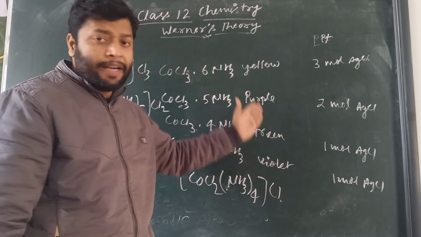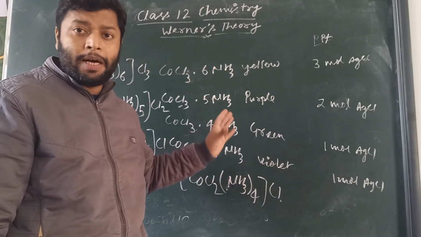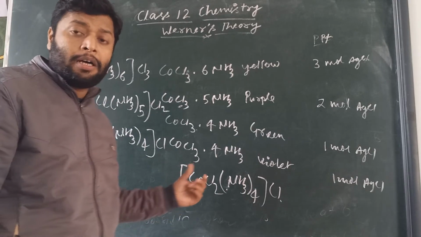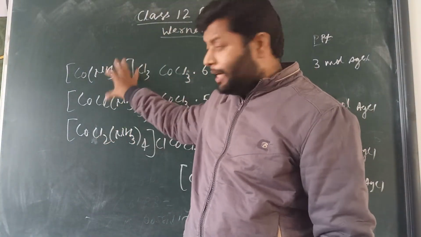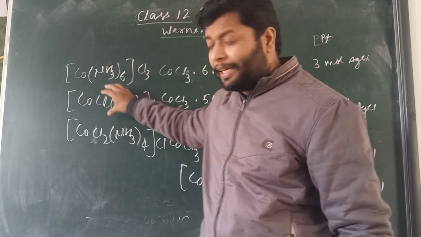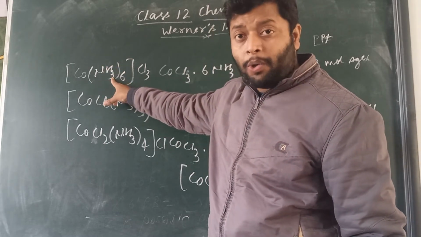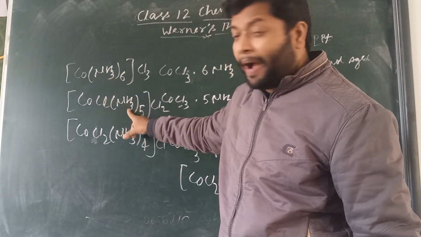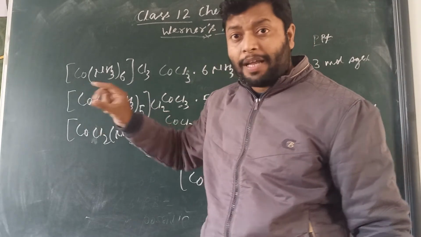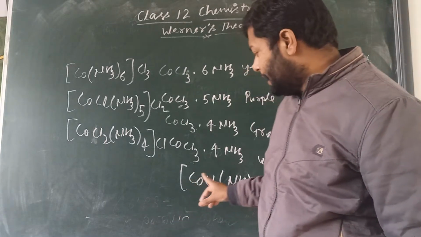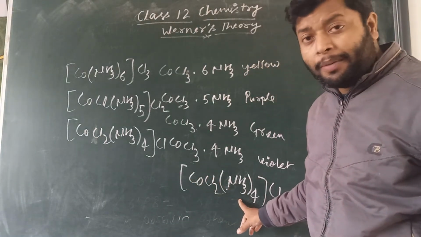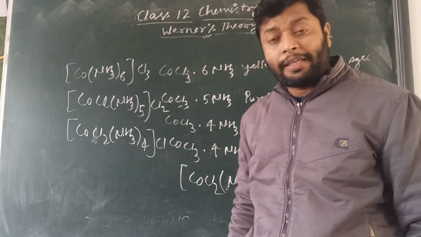So with any given rough molecular formula, we can actually make a complex formula. In the complex formula it is clear the 6 ammonia act like a ligand. Here 5 ammonia and 1 Cl act like a ligand. 4 ammonia and 2 Cl act like a ligand, and the last one also 4 ammonia and 2 Cl act like a ligand.